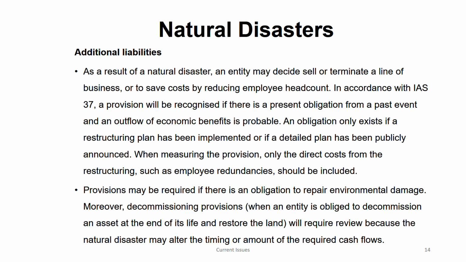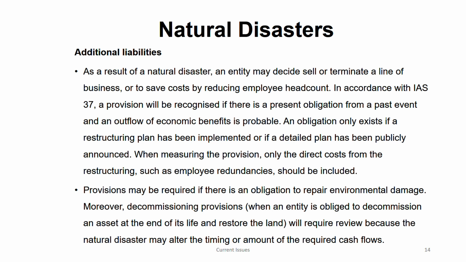Once the purpose is over, you decommission that factory and you restore the land. You bring it back to its original position. So if there is an obligation for that, you have to recognize a decommissioning provision also.